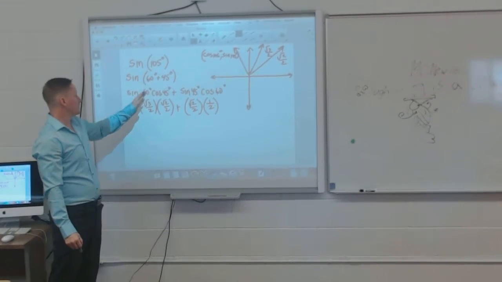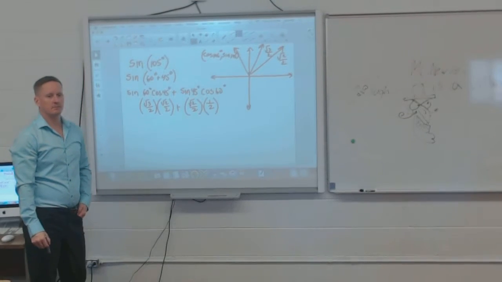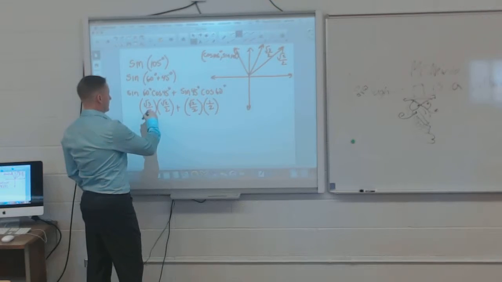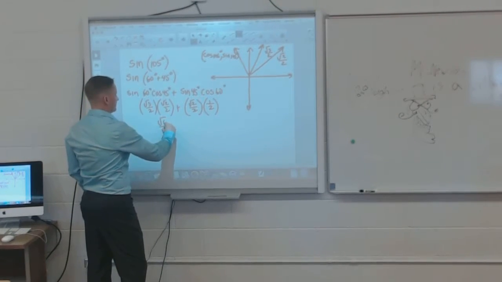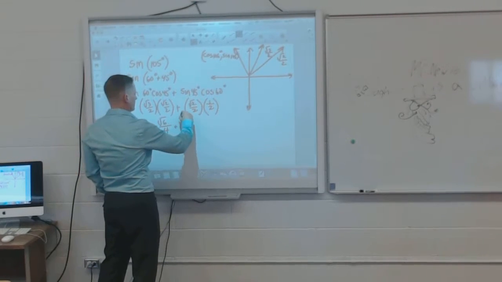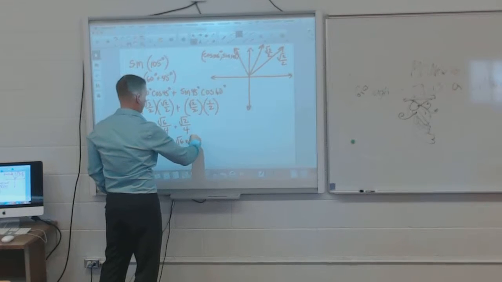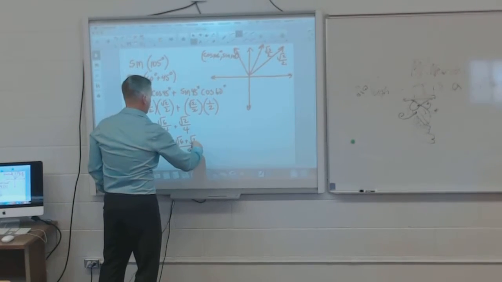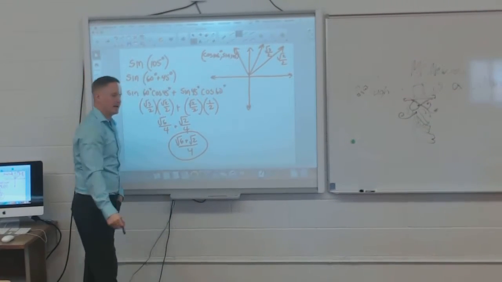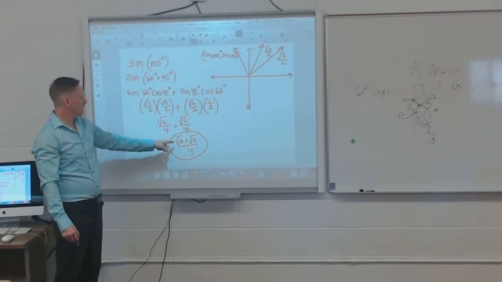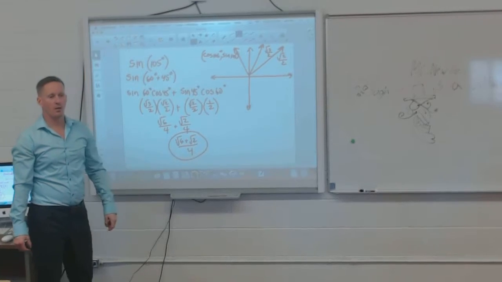So I substitute those ratios in for my trig ratios. Multiply it out. The exact value of the sine of 105 degrees is root 6 plus root 2 over 4.